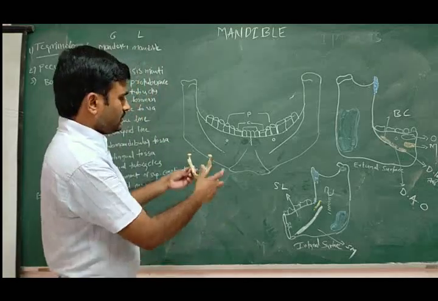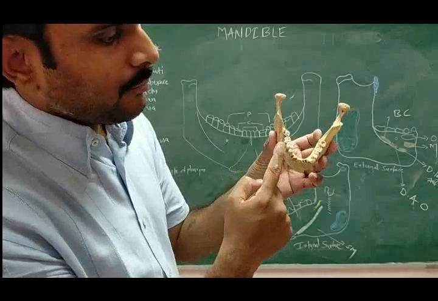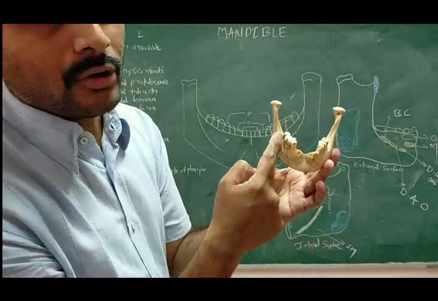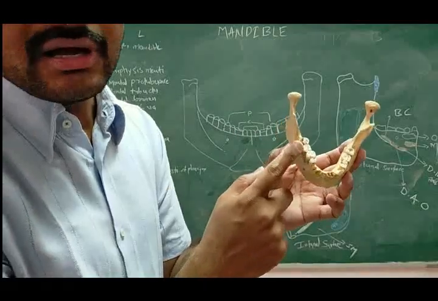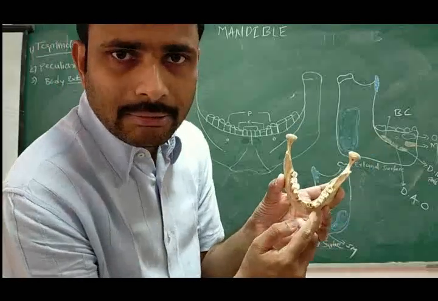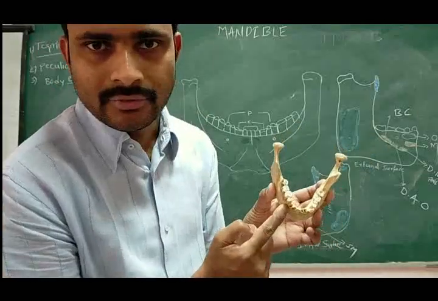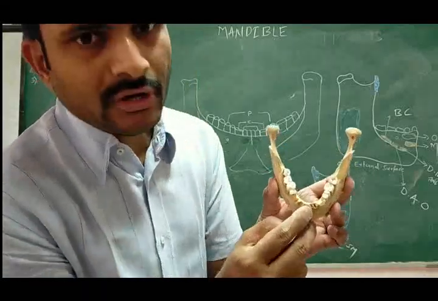Now let's talk about the borders. This border is called the upper border and this border is called the lower border. The upper border is also called the alveolar part of the mandible. In this upper border, it is showing the sockets.